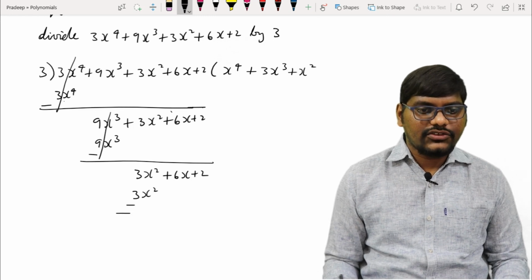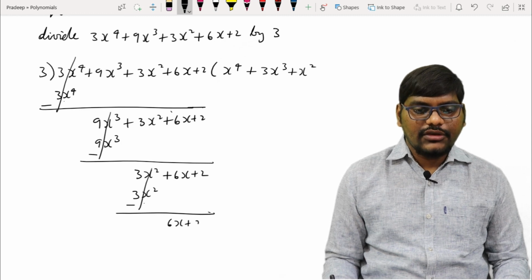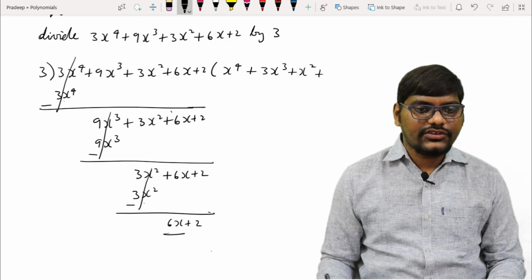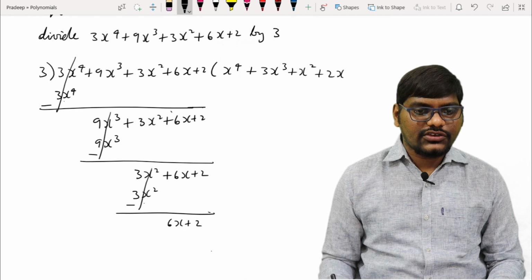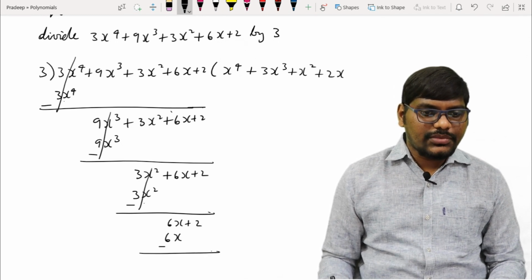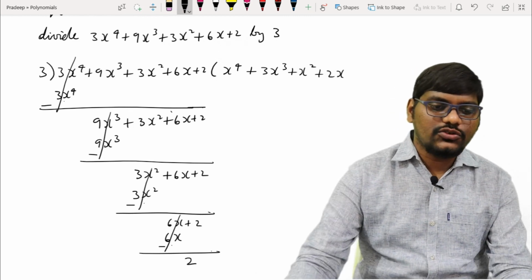I can take minus here, so these both get cancelled. Remaining is 6x plus 2. So I can take 2x, that is 3 times 2x, which is 6x. Let's change the sign, so 6x minus 6x is cancelled. The remainder we are getting is 2.